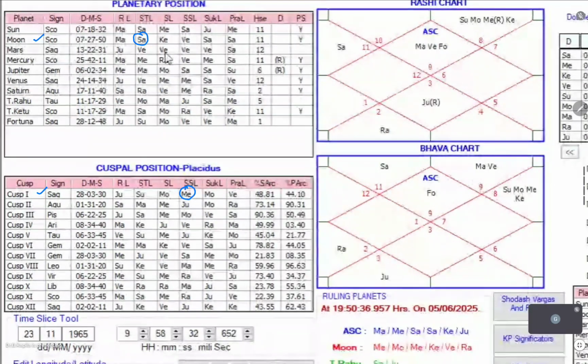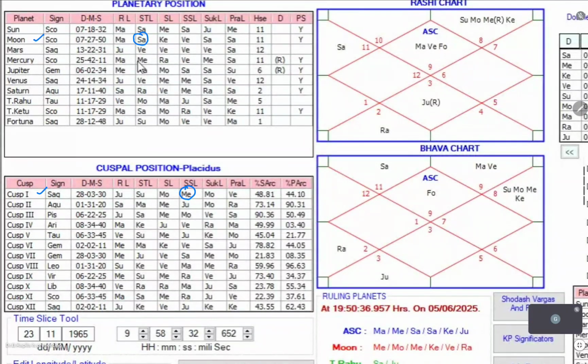Now we shall check whether Mercury is okay or what are the other probable planets that we can put as the ascendant subsublords. For this purpose, I have already explained that the first planet I can put here is Saturn. Second planet I can put here is Moon, because Moon is in the star of Saturn.